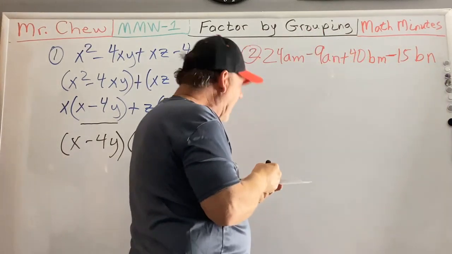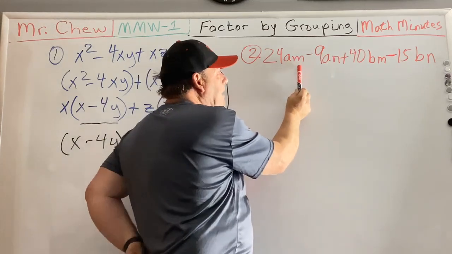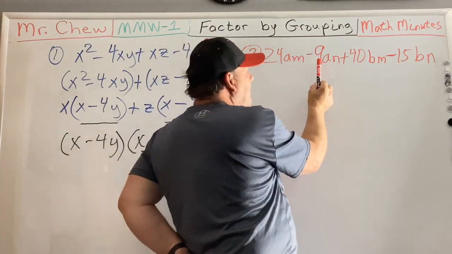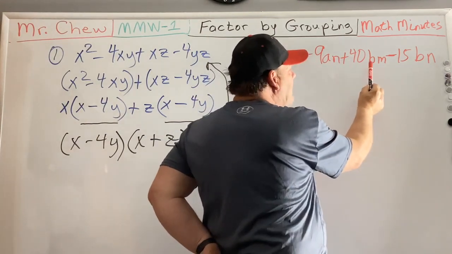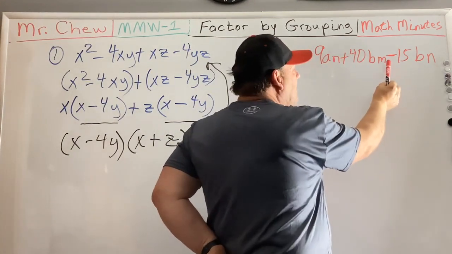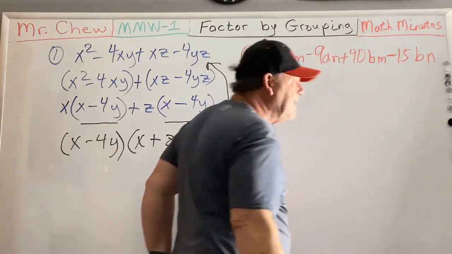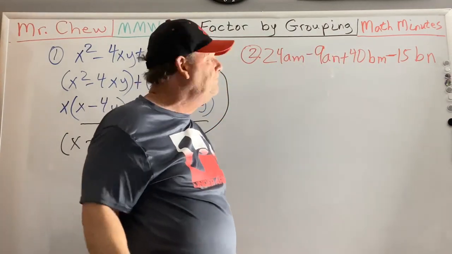Now you have to get these right: 24am, as in monkey, minus 9an, as in nickel, plus 40bm, as in monkey, minus 15bn, as in nickel. Pause this and try them.